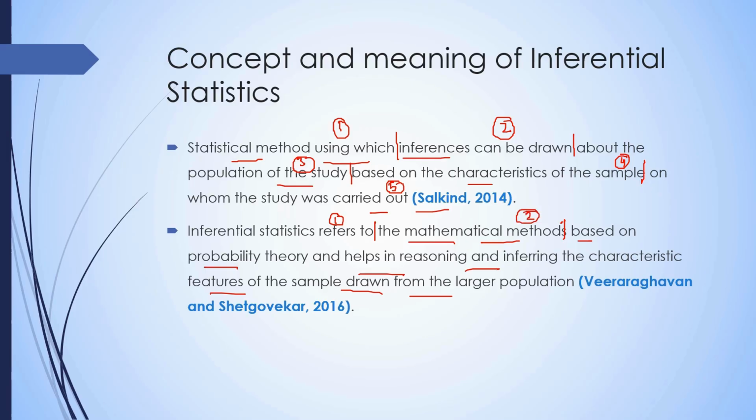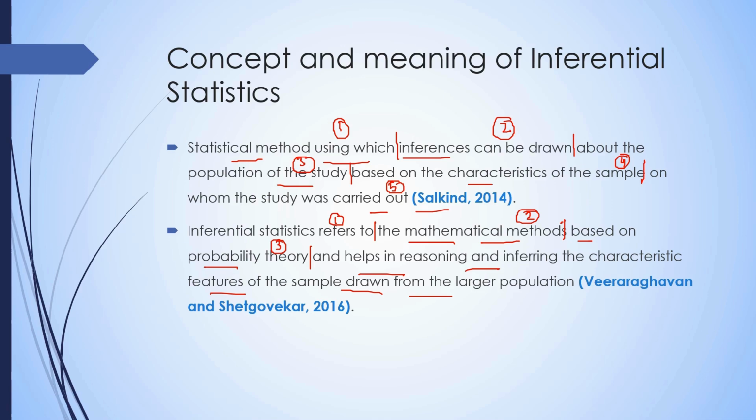So, what is inferential statistics? Inferential statistics refers to the mathematical methods. What kind of mathematical methods? Based on probability theory. The mathematical methods based on probability theory. So, this would be our third part. And what do these mathematical methods do?